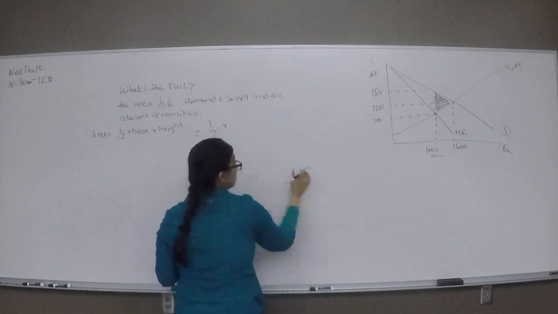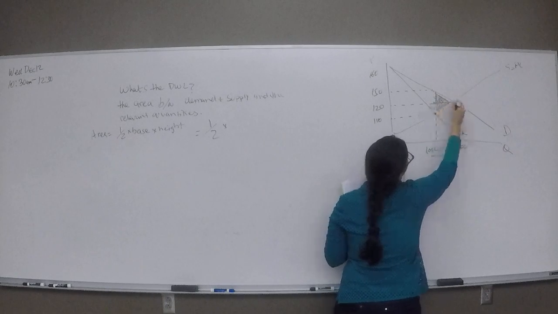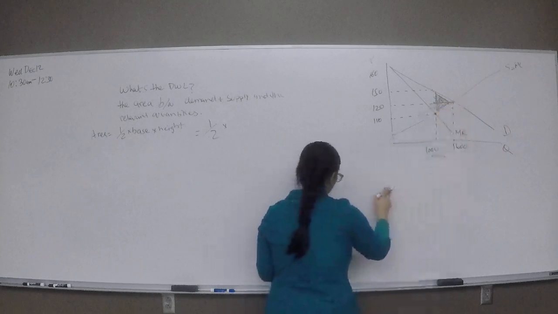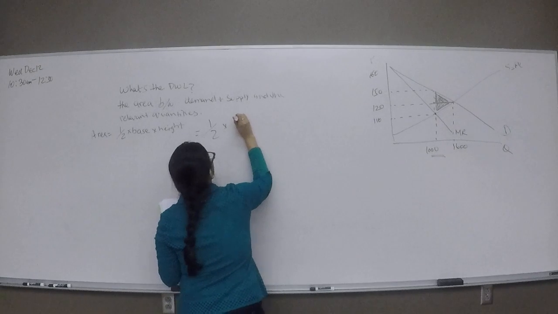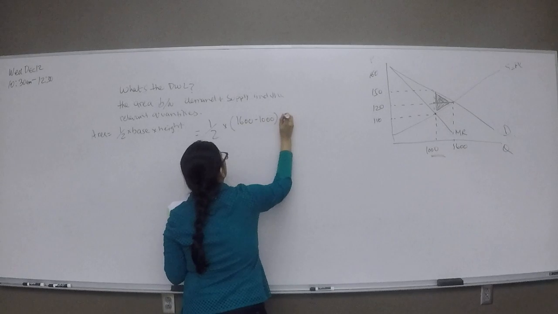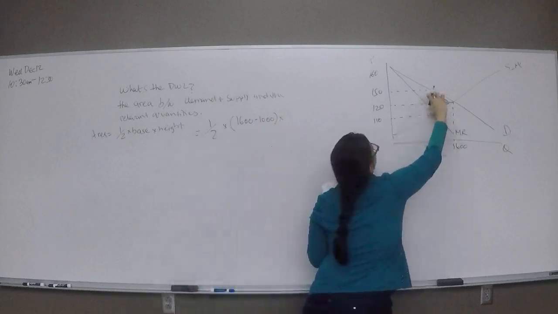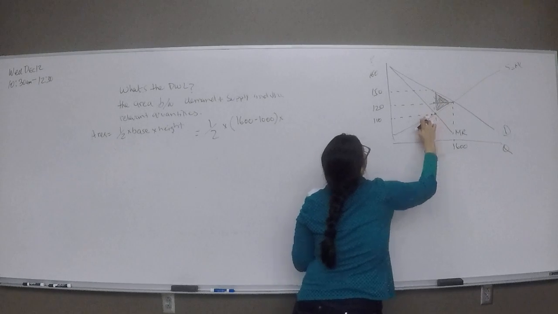The base here is 1,600 minus 1,000. The height is 150 minus 110.